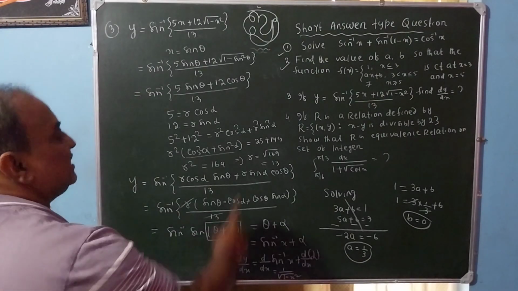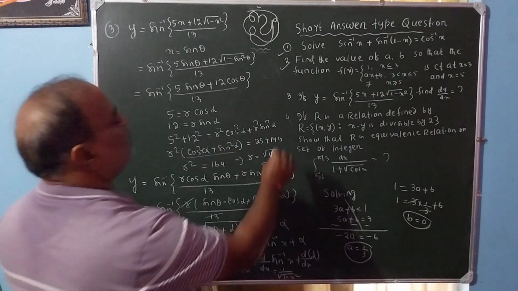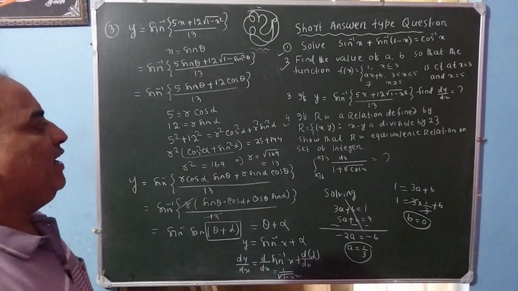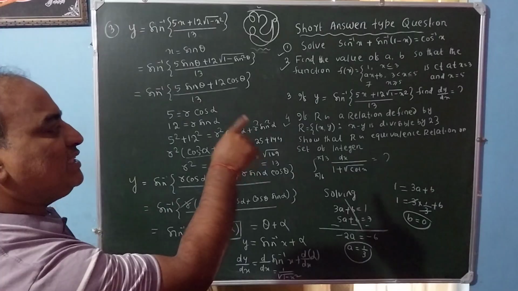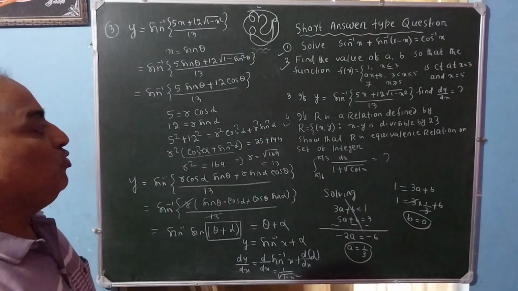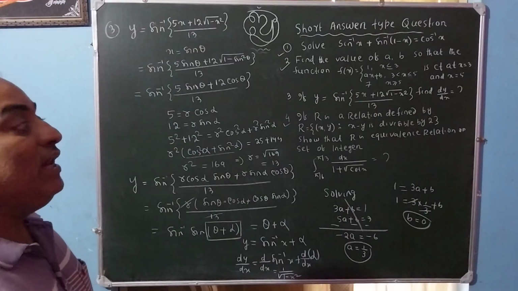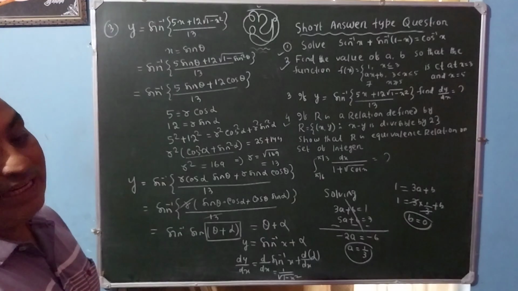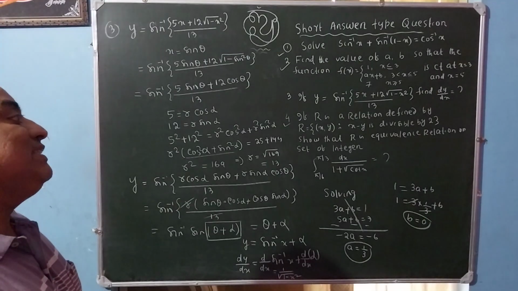Now we are discussing question number 4. If R is a relation defined by R = {(x, y) such that x minus y is divisible by 2}, show that R is an equivalence relation on the set of integers. What is an equivalence relation?